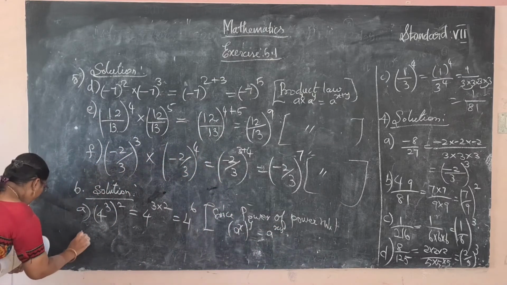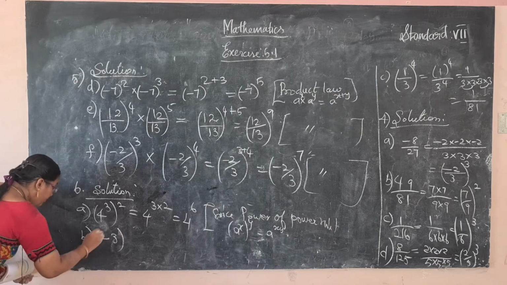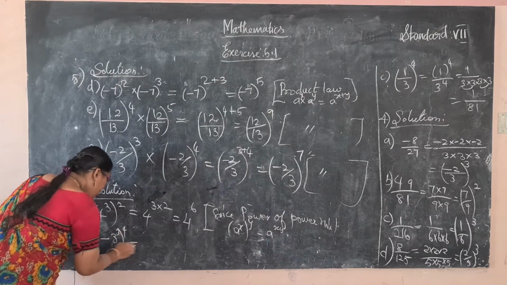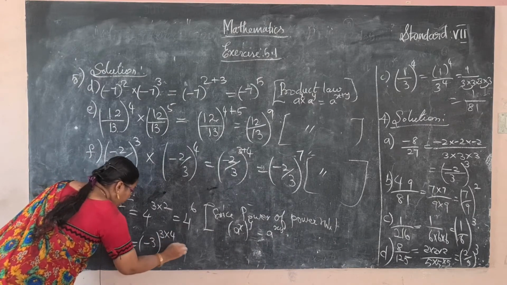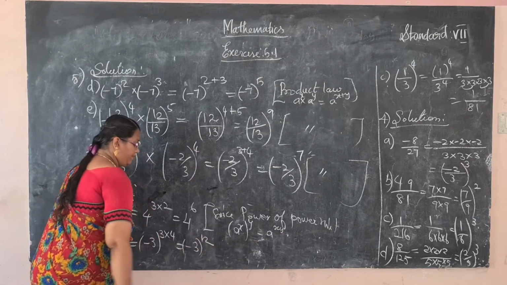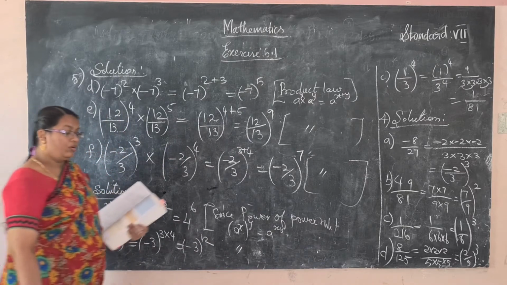Okay, and b problem. Minus 3 power 3 the whole power 3. So minus 3 into 4, so minus 3 power 12. Here also write the power of power rule.